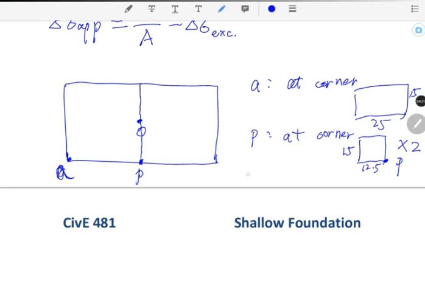And for point O, we can further divide this raft foundation into 4 identical rectangles. So we can say it's at the corner of this rectangle with the 7.5 by 12.5 meters of dimensions.